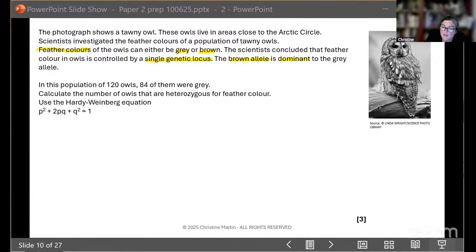So I therefore know in this one, because they've already told me a lot of information in the question, I know that I can say, right, I've got brown allele, which is dominant to my gray allele, and therefore I could have capital B, capital B, lowercase b, and lowercase b, lowercase b. So I know about that.